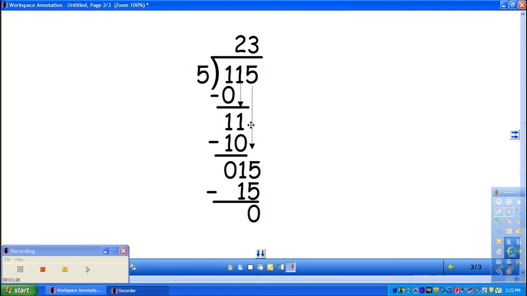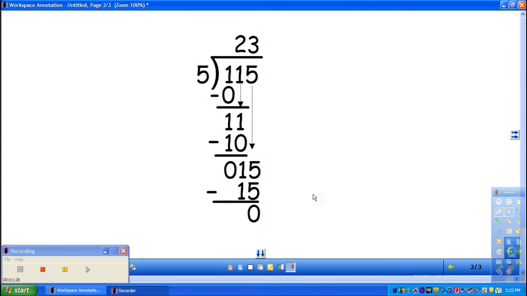And then you would bring down the 5, and then you would do the same thing. Will 5 go into 15? Well, yes, 5 goes into 15 3 times, so we would say 3 times 5 gives us 15. Then we would subtract, leaving us with no remainder.